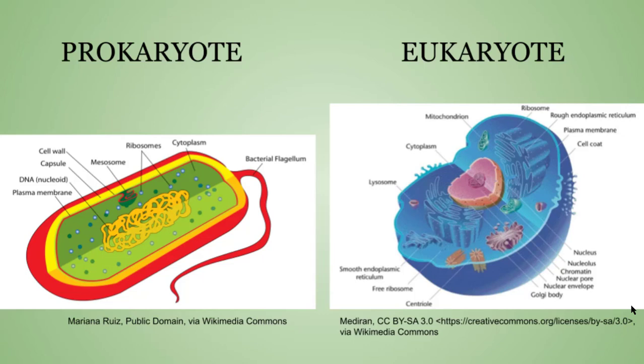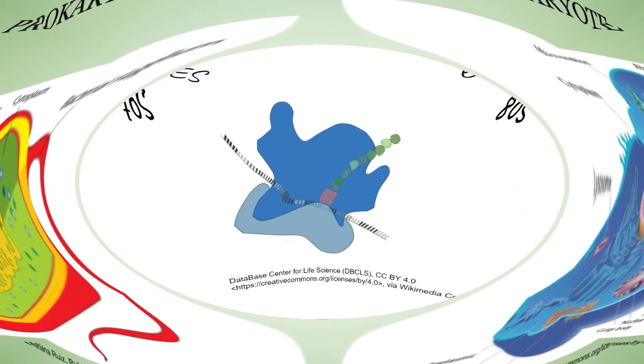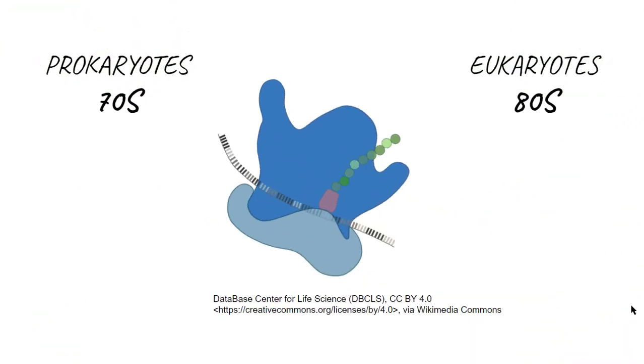And talking about protein manufacture, do prokaryotes have ribosomes? Yes, they do. But there is a difference. Prokaryotes have ribosomes that are classified as 70S, whereas eukaryotes have 80S ribosomes. What does that mean?